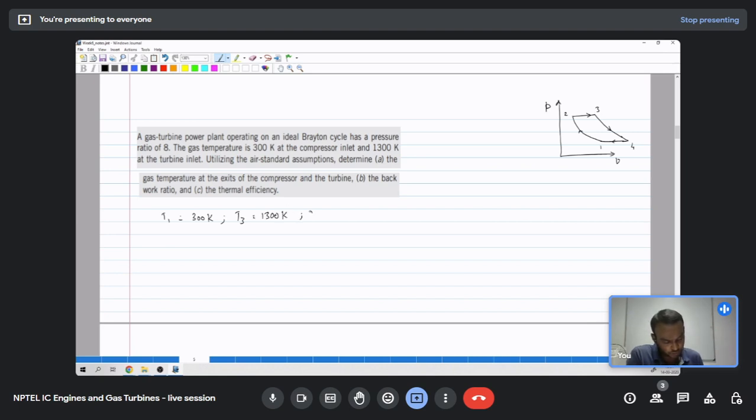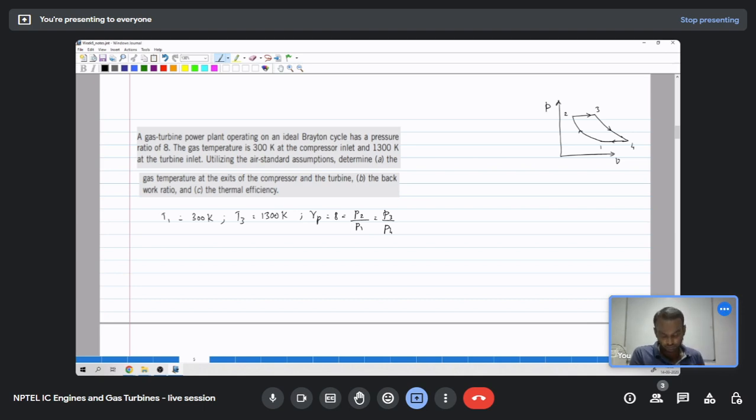We have been told the pressure ratio is 8, that is P2 by P1 or P3 by P4 is 8. And utilizing the air standard assumptions, we can calculate the exit gas temperature at the exit of compressor and turbine.